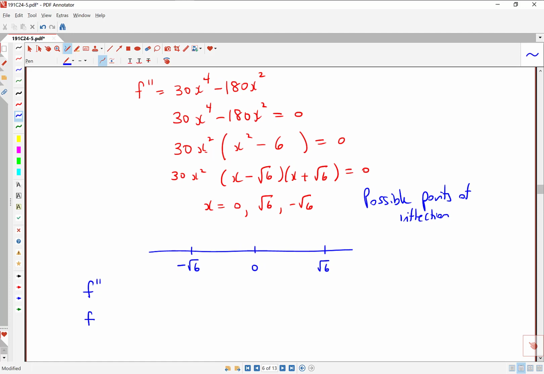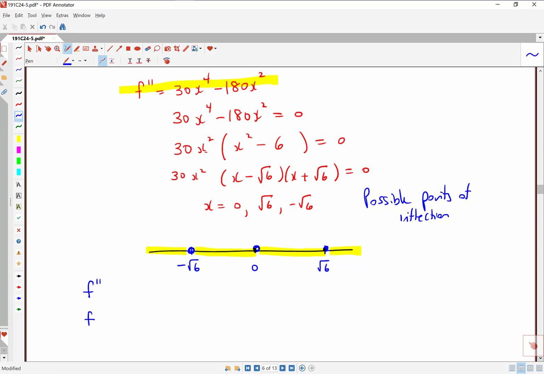Okay, so we've got our second derivative sitting up at the top of the screen here. And let's notice that these 3 possible points of inflection, just draw dots there on the number line, are going to divide the number line into 4 intervals. So we have to do 4 little tests here of plugging into f double prime.